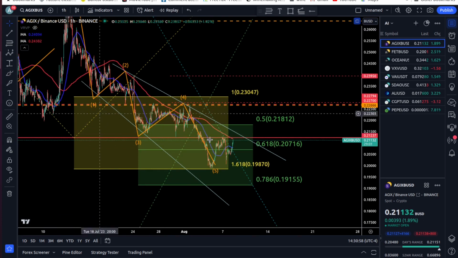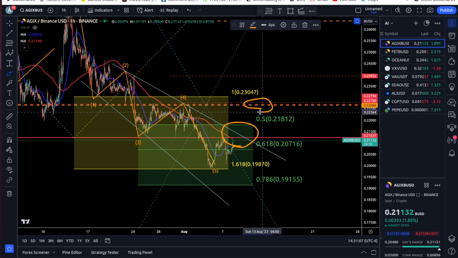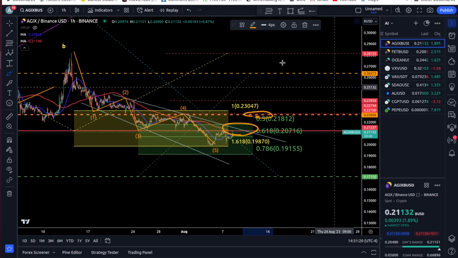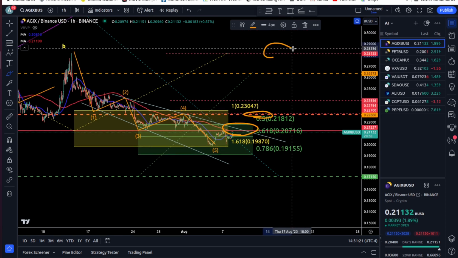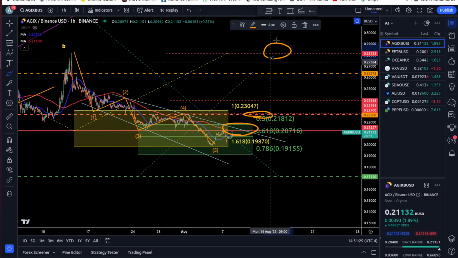First, we want price to interact in this level, break this trend and go higher. We want price to reach the level of the fourth wave, maybe take a break, use it as support, and after that we can skyrocket and go test our wave B. That would be very, very nice. Can you do that in one movement?